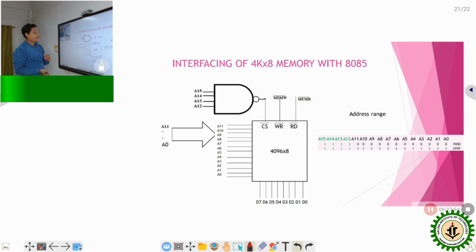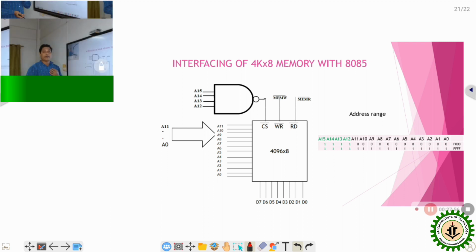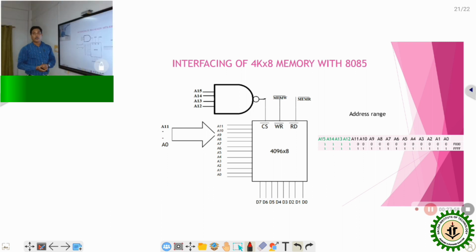Now in case of 4K, that means 4 kilobytes of memory, we know 4 kilo means 2 to the power of 12. 12 address lines are required. That is, 4 unused lines will be present, and those 4 unused lines can be connected with the chip select. 4 address lines through a NAND gate can be used to connect with the chip select.